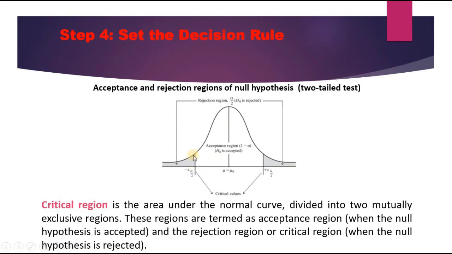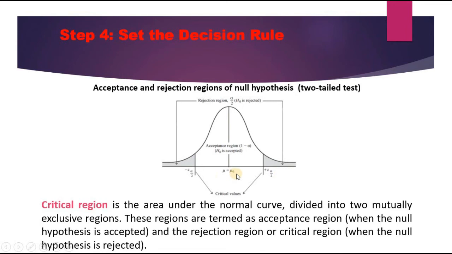If it is a two-tailed test, that would be split equally: alpha by 2 and alpha by 2, that is 0.05 divided by 2 on each side. This side is minus z and this side is positive z, so the tails are 0.025 each.